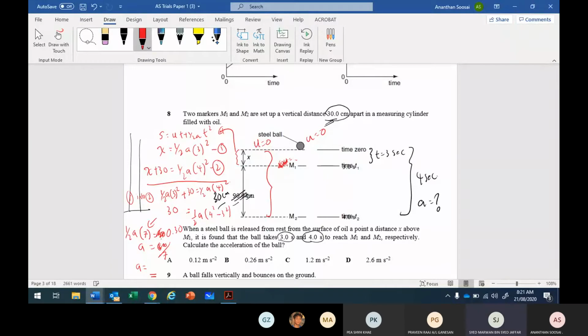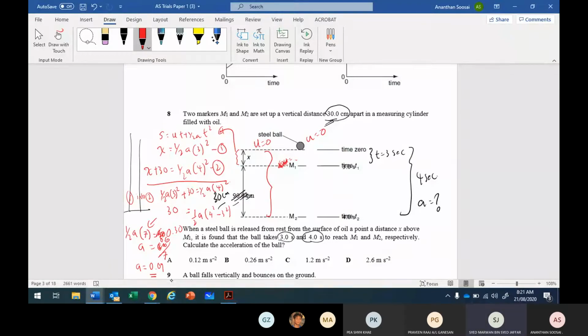So this is 0.6. 0.6 divided by 7 gives 0.09.